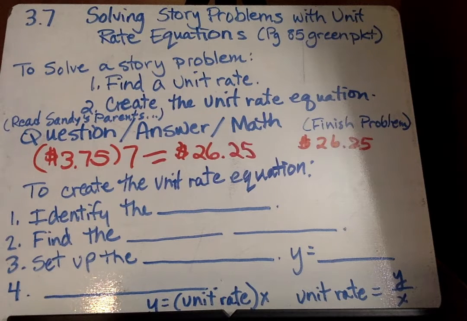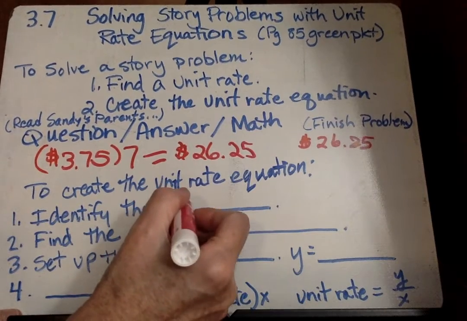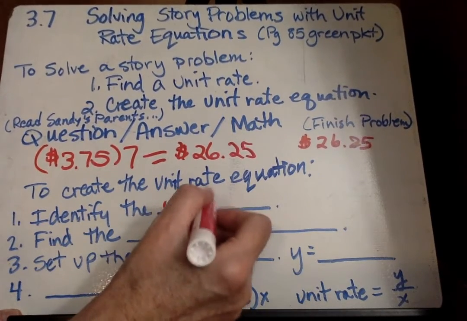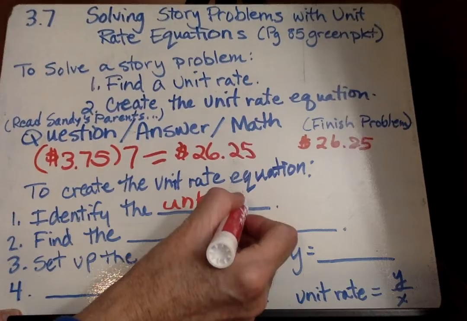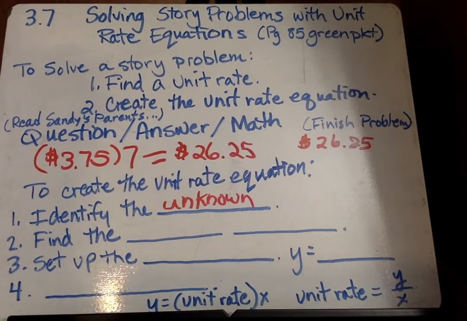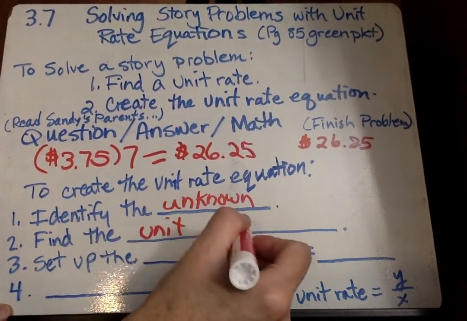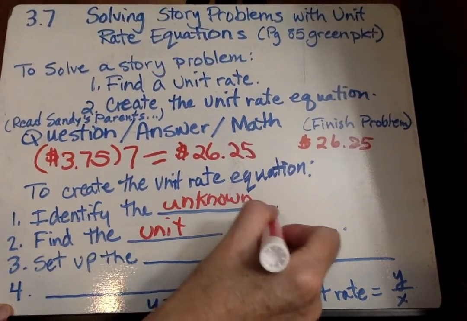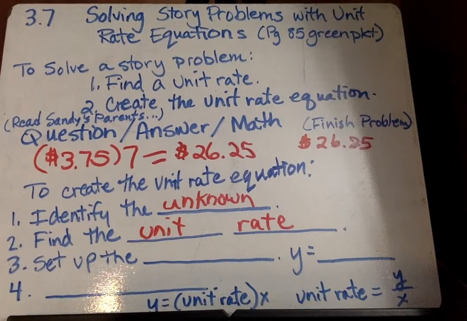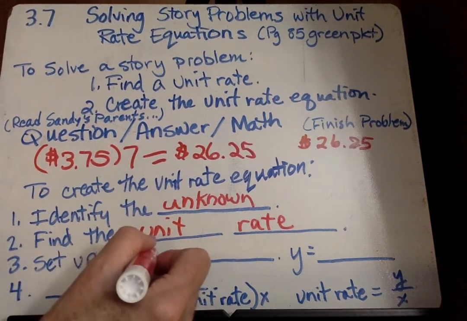So to create a unit rate equation, you identify the unknown. What is it that you do not know? Okay. Find the unit rate. How much does it cost per item? Set up the equation.